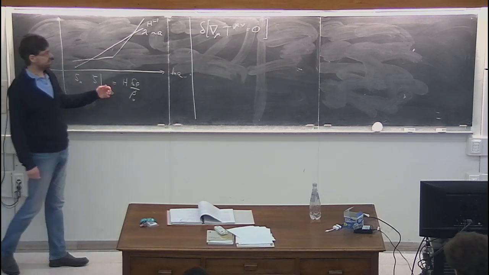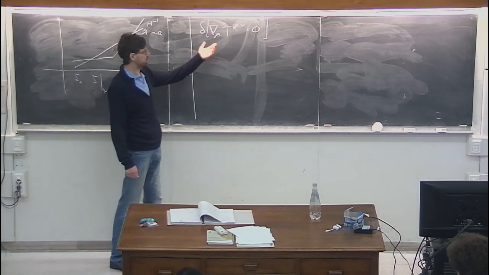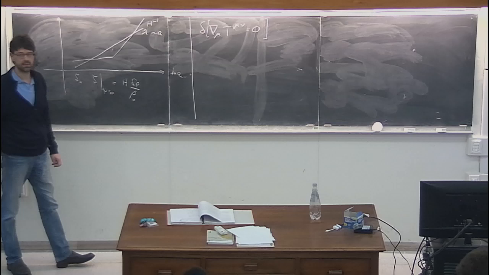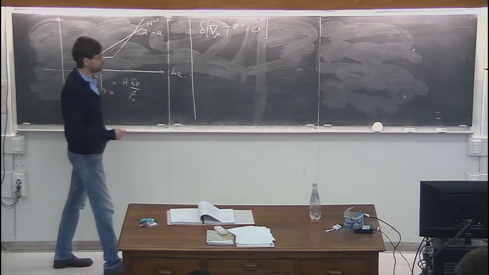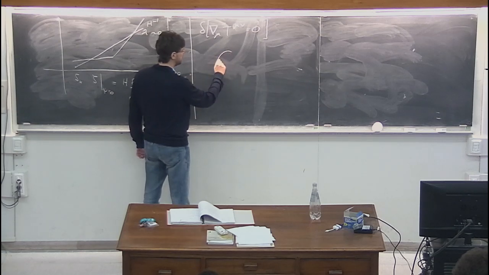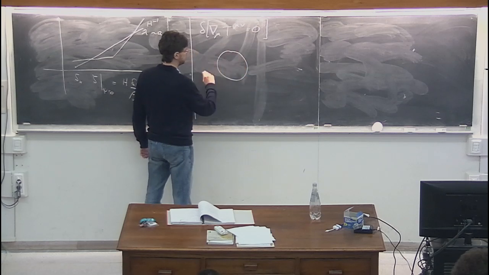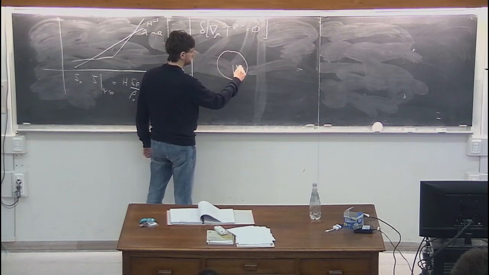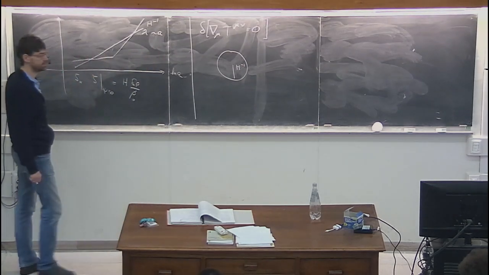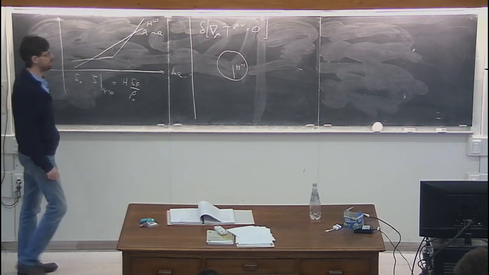So if you do that, it's not a difficult computation, but I don't have time to do all the steps here. I will perform a trick, which is the following. Suppose that I'm looking at my Hubble radius of size H to the minus 1. And I'm looking at a perturbation.